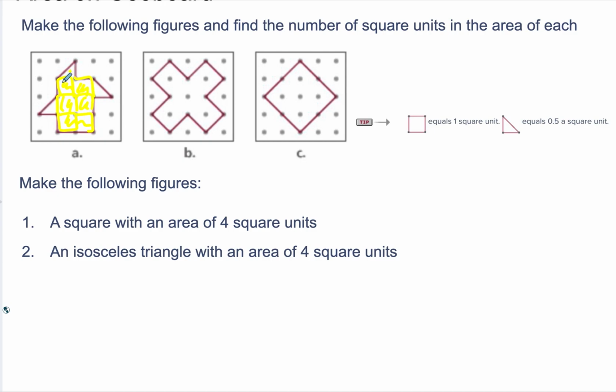This is half, and together it is another one, 7.5. So the first one, I know that there is 7 and a half square units. I want you to pause the video and calculate how many square units you can see on B and C.